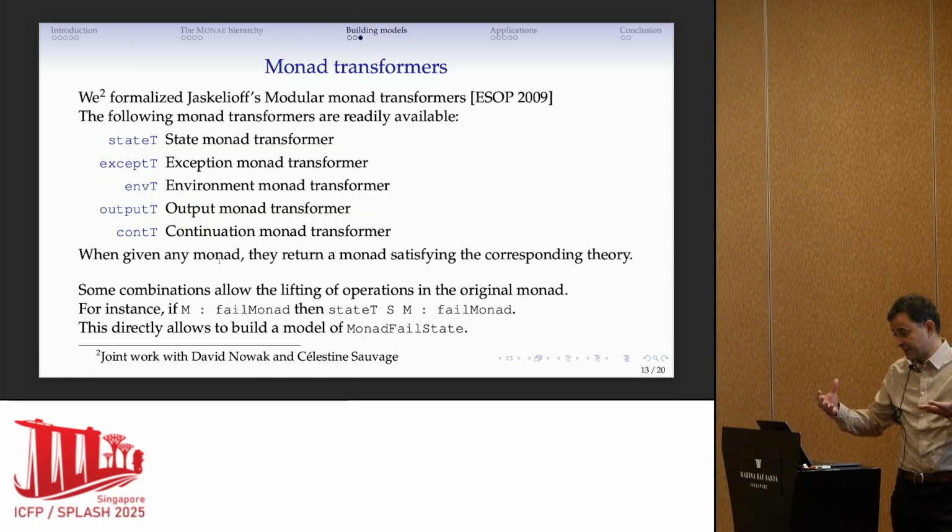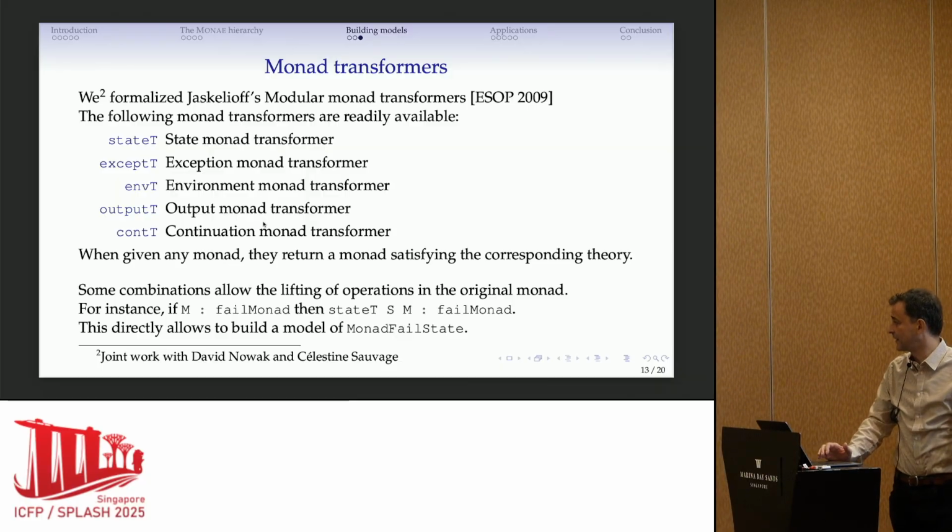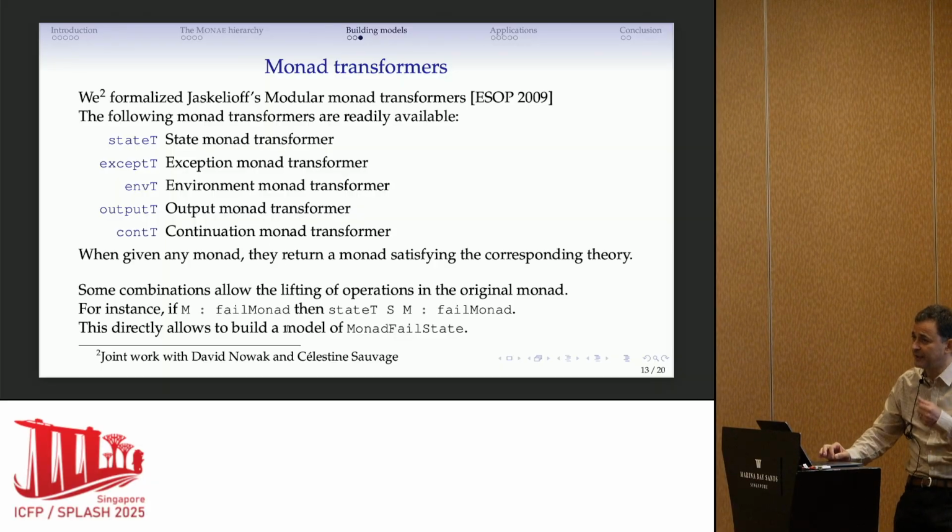What is guaranteed if you do that is that the result of the monad transformer is going to be a monad that satisfies the interface specific to this monad transformer. Moreover, in some cases, you can also lift the operation from the original monad. For instance, if M is a failure monad, and you apply the state monad transformer, then the result will again have the lifting of the original fail operation.